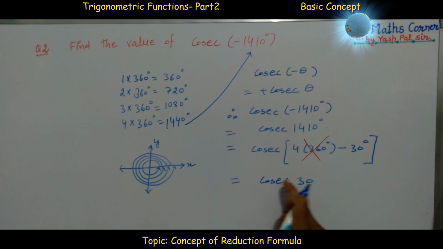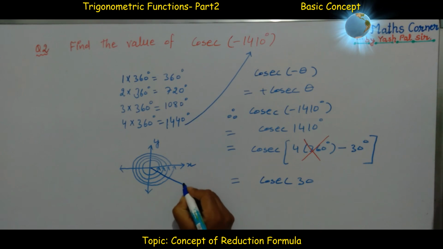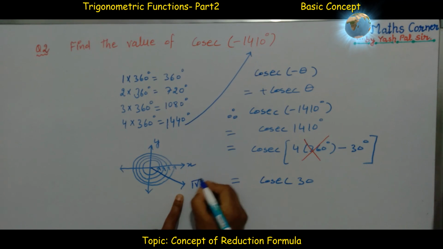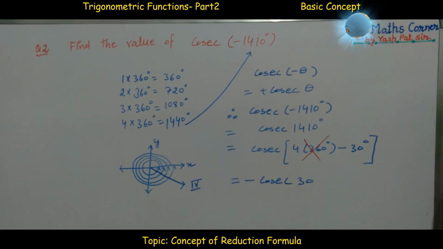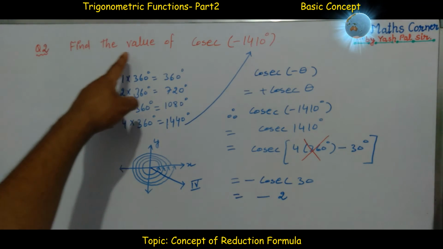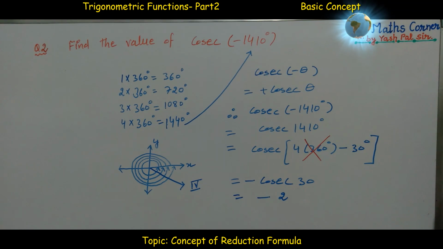After completing four circles, we come back 30 degree. Coming back means we are in the fourth quadrant, and in the fourth quadrant cosecant is negative. Cosecant 30 degree is 2, so this becomes minus 2. So the value of cosecant of minus 1410 degree is minus 2. That's all. Thank you very much.